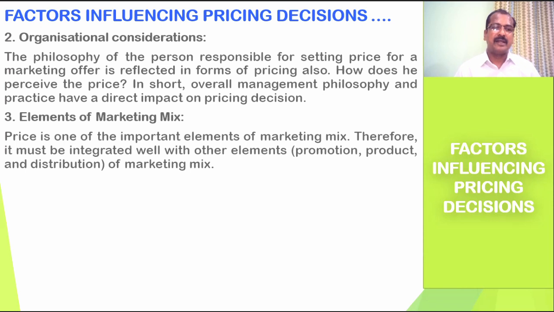The third point, elements of the marketing mix. Price, as we know, is one of the important elements of the marketing mix because it is the only P which speaks about revenue to the organization. Therefore, it must be integrated well with other elements like promotion, product and distribution of the marketing mix.